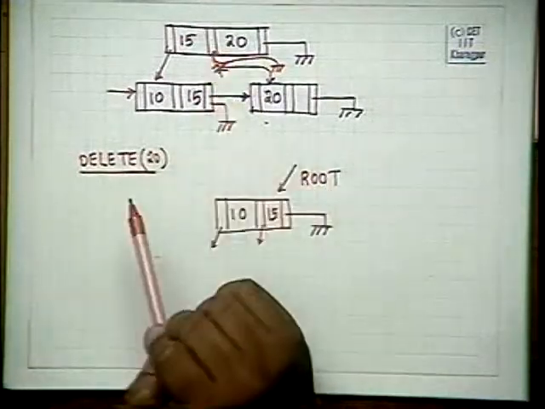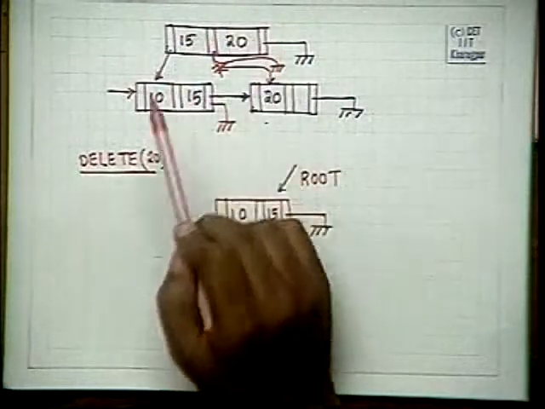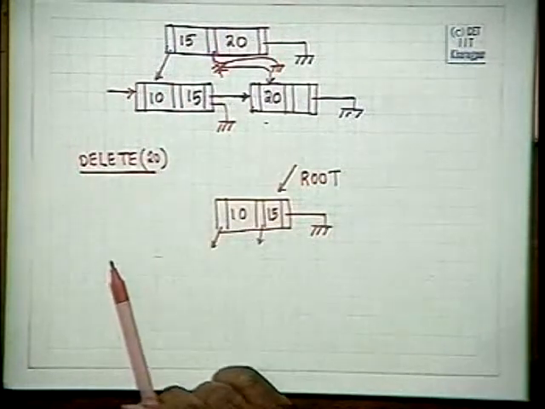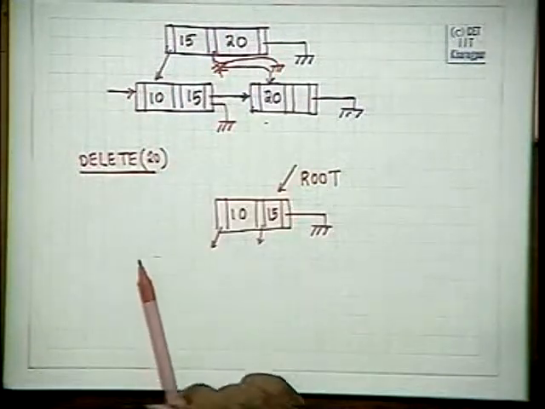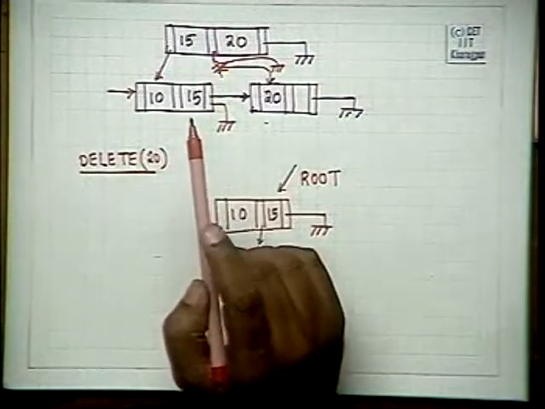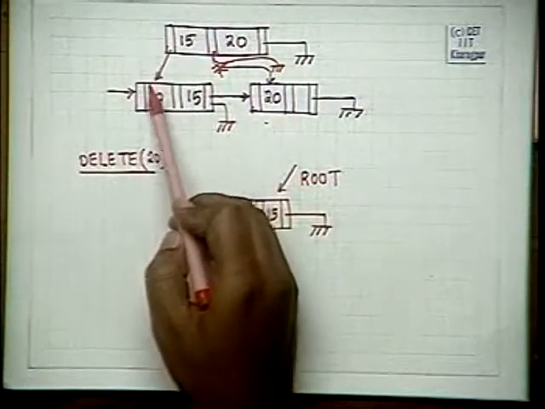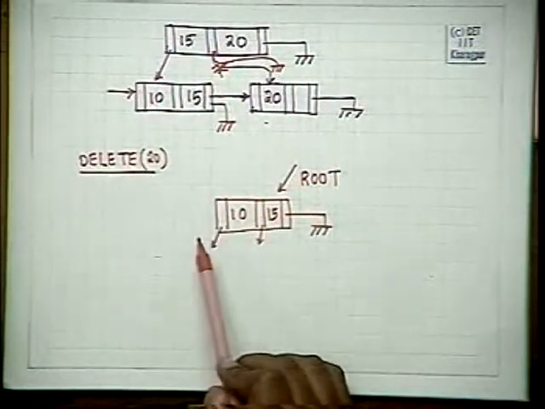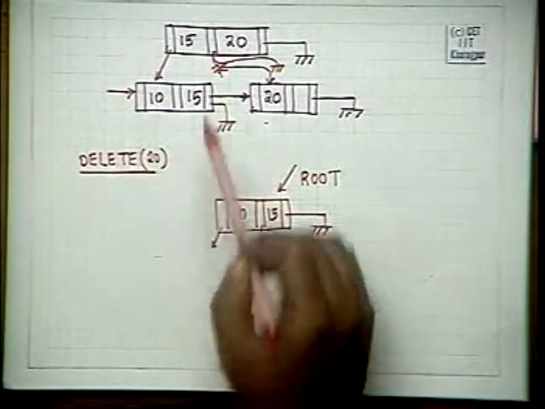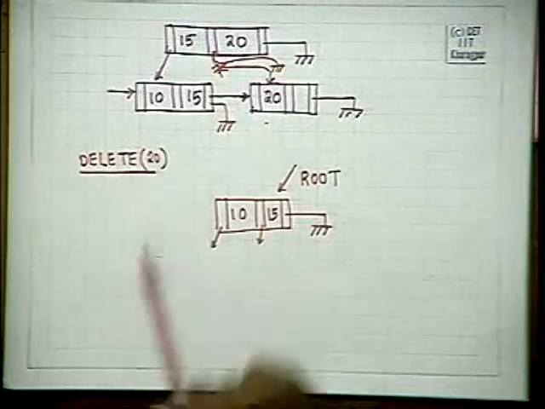Once I delete the pointer to this node in the parent, check whether this internal node violates the condition of the B plus tree, and if it does, then there are two cases. One is check whether it is root. If it is root, just throw it away and make its only child the root. If it is not the root, then we have to do something else, which we shall see in another example.